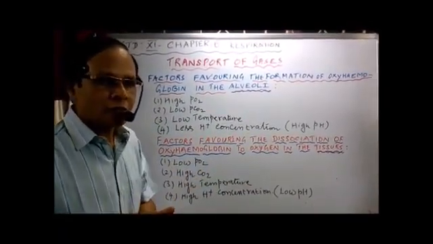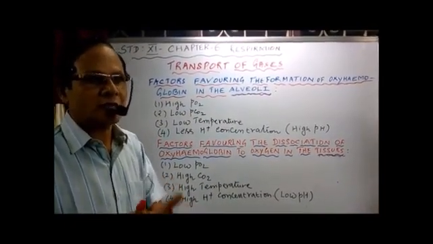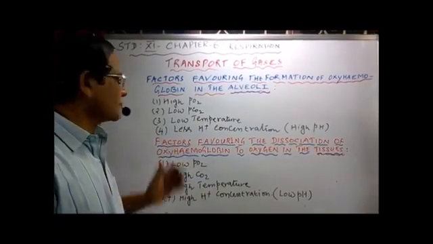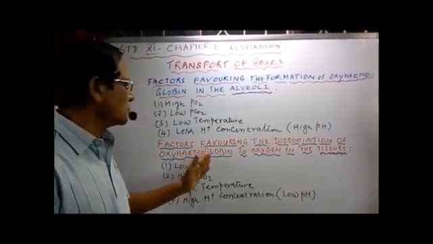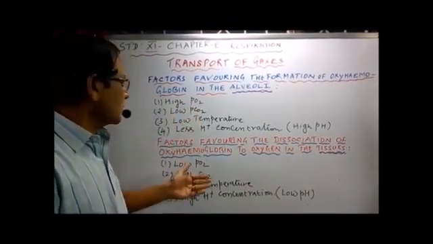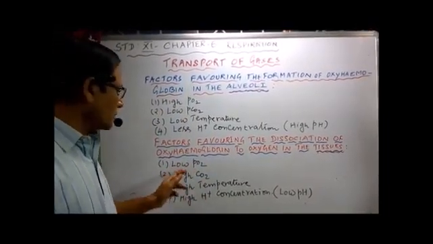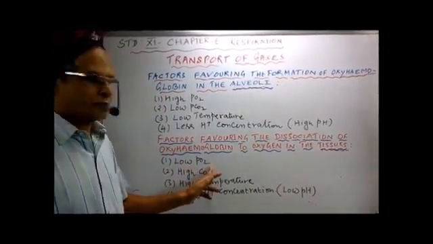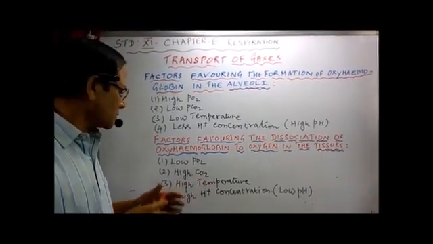These factors normally favor the formation of oxyhemoglobin. Now in the tissues, what is happening? The dissociation of oxyhemoglobin to oxygen occurs. Now what are the factors favoring the dissociation of oxyhemoglobin to oxygen in the tissues? The reverse is the case in the tissues, where we have low partial pressure of oxygen, then high carbon dioxide concentration, or high partial pressure of carbon dioxide.